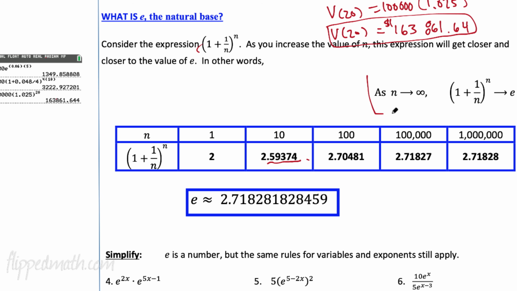And so we say, as n goes to infinity, as we do this instantaneously, it means every single second, because you're taking the whole year and dividing it up into like a million, billion pieces, and you're dividing the rate and multiplying it. Anyways, this whole value here approaches 2.71828.